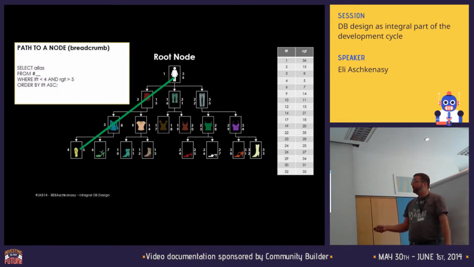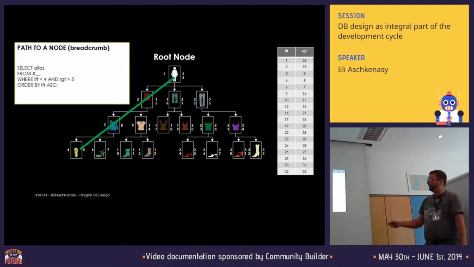I need to make sure that everything is bigger than the right value. So as an example, due to the fact that we have left is smaller than 4, all of these items are out, because all of them have a left value that is greater than 4. So the only thing that is left after this is precisely this path.